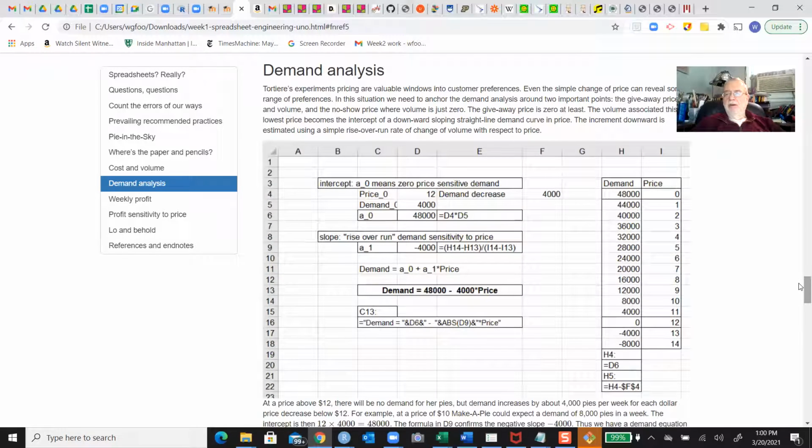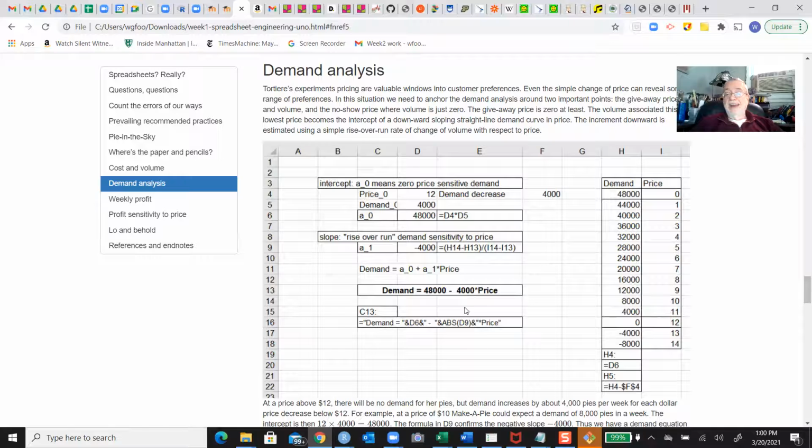Demand analysis here. Notice the formatting. I don't know where this stray 4,000 came from. I'm going to get rid of it in the next iteration. It probably should also have a title. This is yet another worksheet. You have a workbook, and it's made of little tabs at the bottom called worksheets. There's an intercept and a slope, which is just rise over run. Look at the formulas.